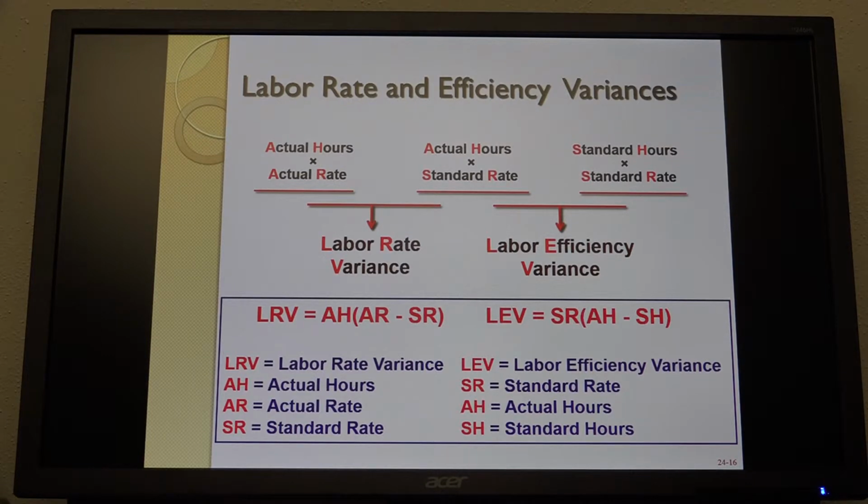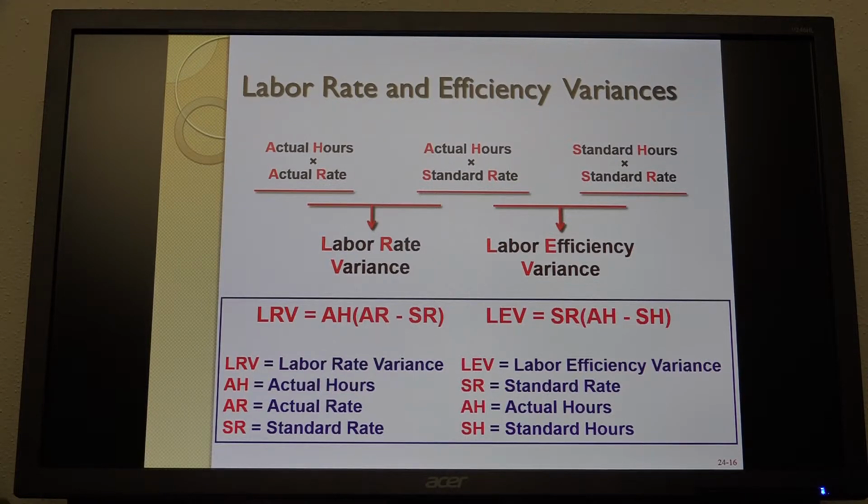So labor rate variance is actual hours times the actual rate per hour minus the standard rate per hour.